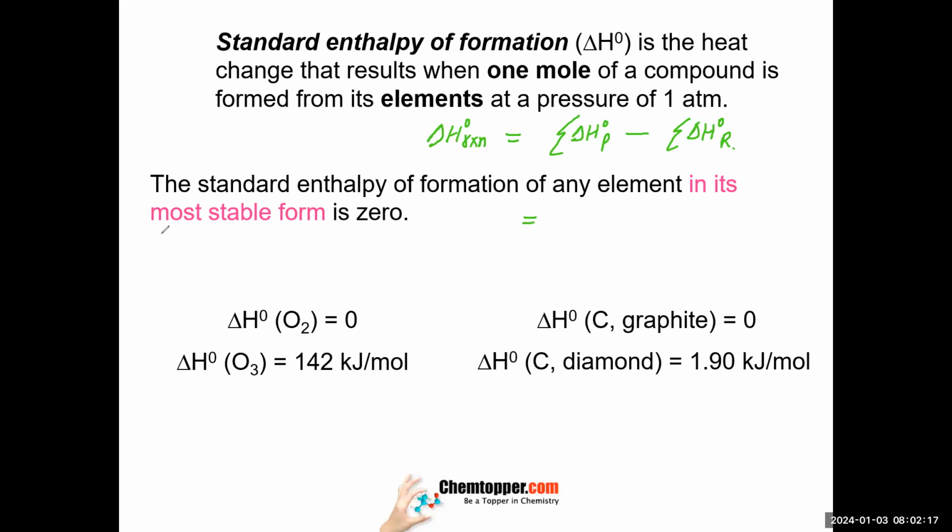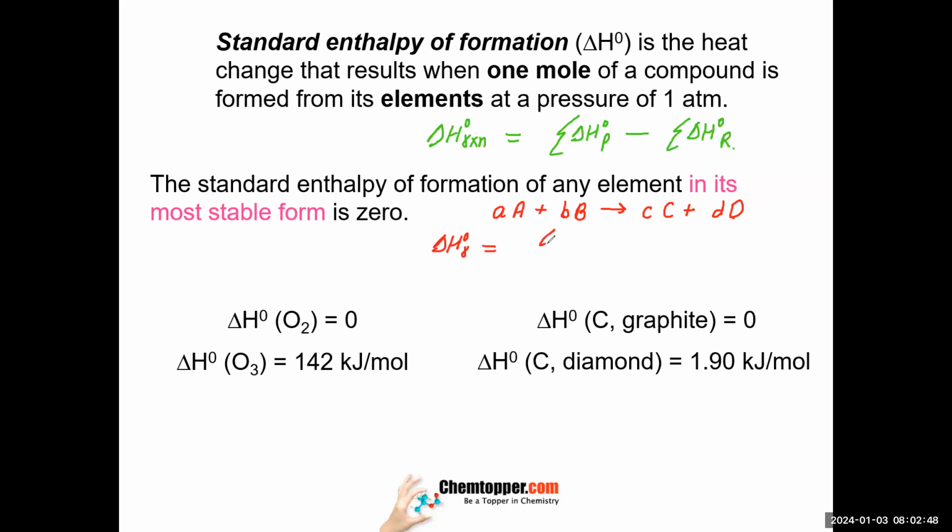Let's say I'm giving you one equation. Write down this equation: A reacting with B gives C plus D. This is how the equation will appear in different books. What is delta H naught of the reaction for this one?